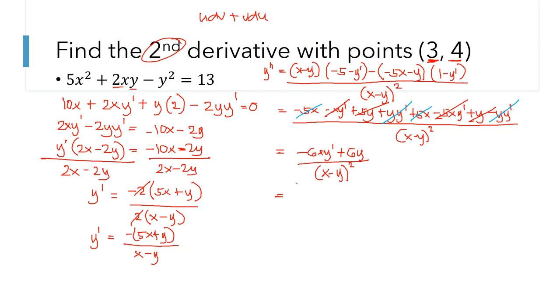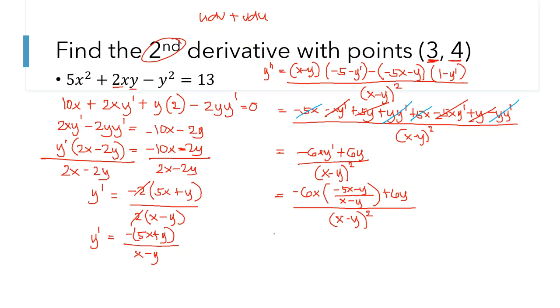After that, we still have y prime here, so we can substitute that with the value of our y prime. So we have negative 6x times negative 5x minus y all over x minus y plus 6y all over x minus y squared. So you can still simplify this if you want.